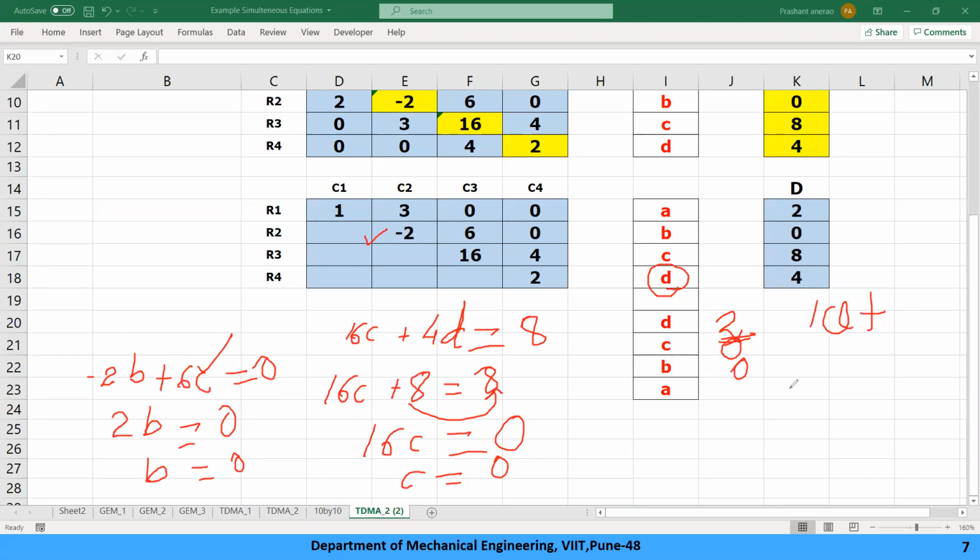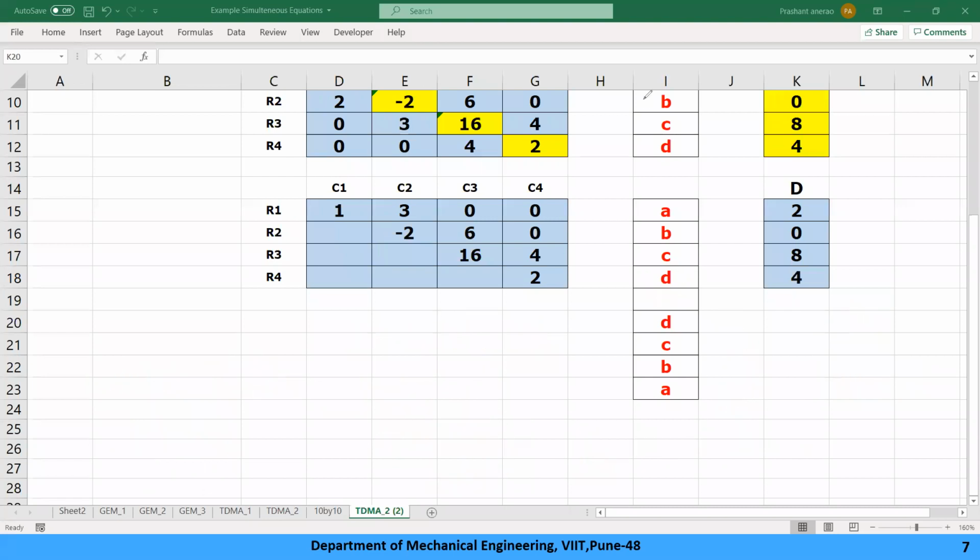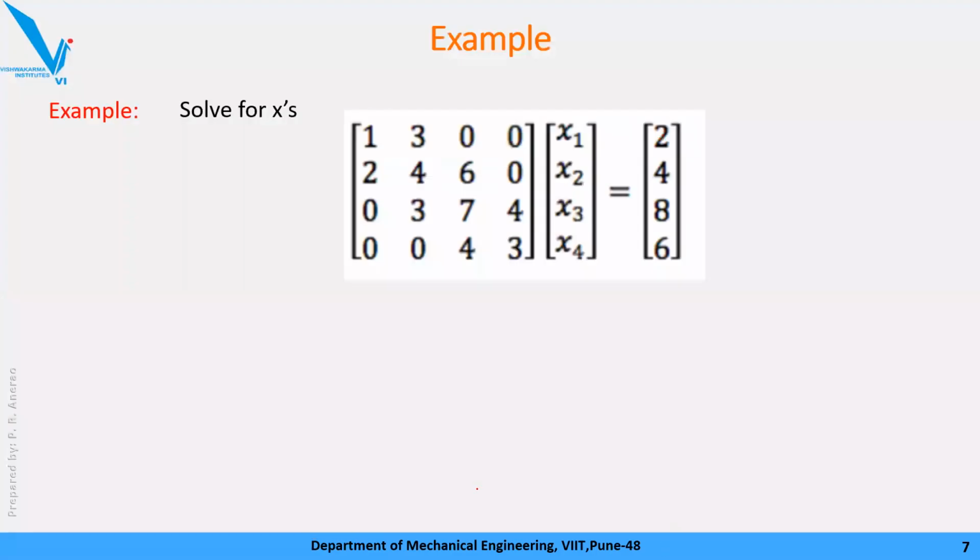So 1A equal to 2, which means A equal to 2. So our answers are 2, 0, 0, 2. That's it, this is our solution. I hope you guys can do that simple calculation of back substitution. Are there any doubts in the TDMA approach? If not, we are going to move ahead with the next numerical.